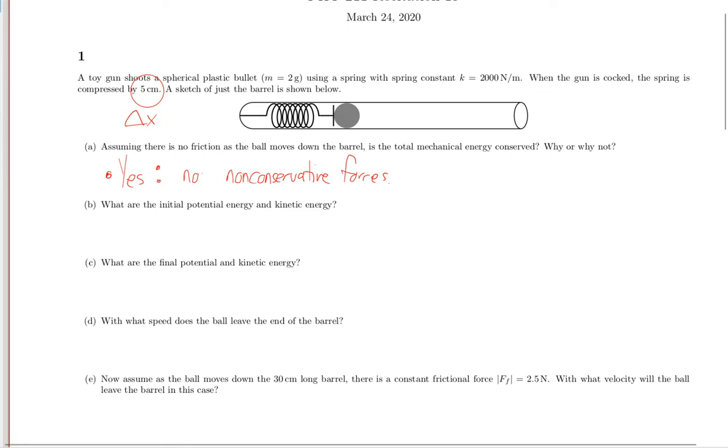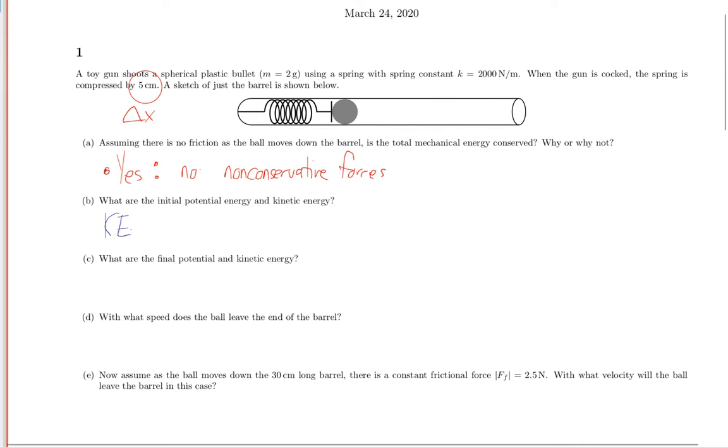What are the initial potential energy and kinetic energy? We'll do the kinetic energy first because that one is super easy. The initial kinetic energy is just 0 because it's not moving. The initial potential energy is the elastic potential energy, which is 1/2 k delta x squared.